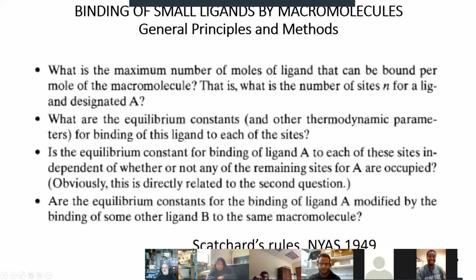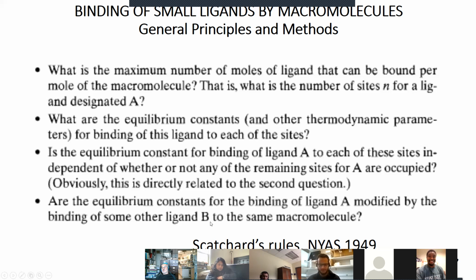So the where is sort of a reflection of where are the binding sites and do they communicate with one another? Okay. And then the final question, why, has to do with regulation, potentially cofactors: is the equilibrium constant for the binding of ligand A modified by the binding of ligand B?